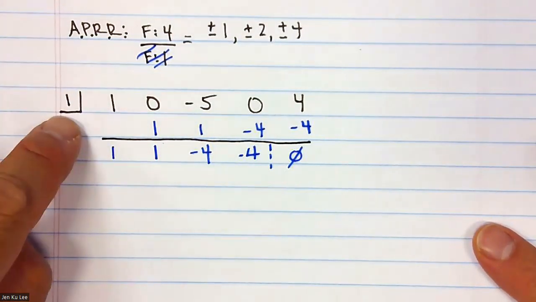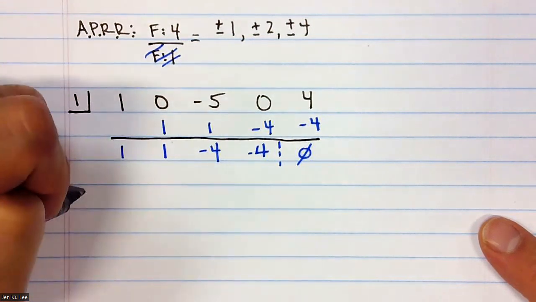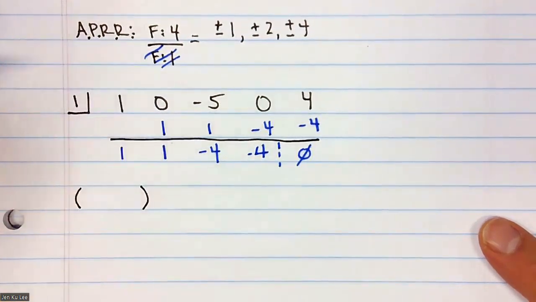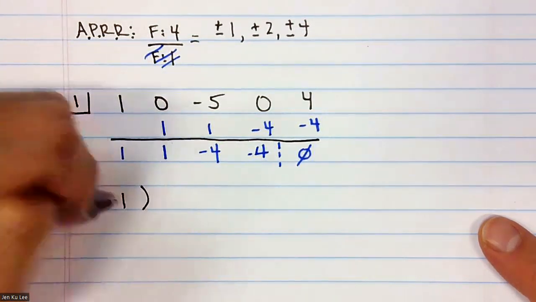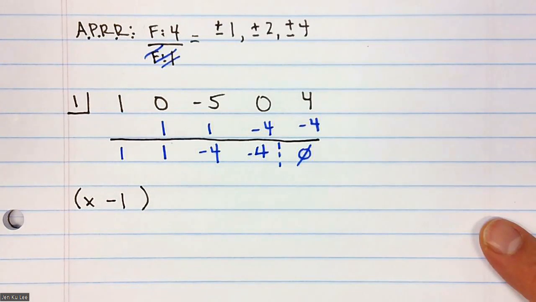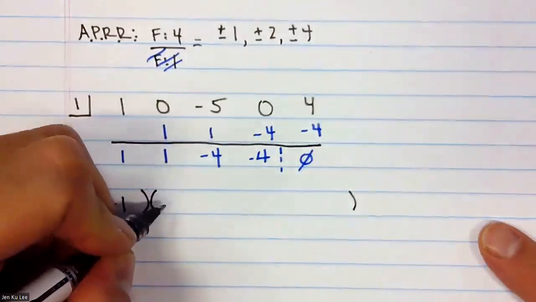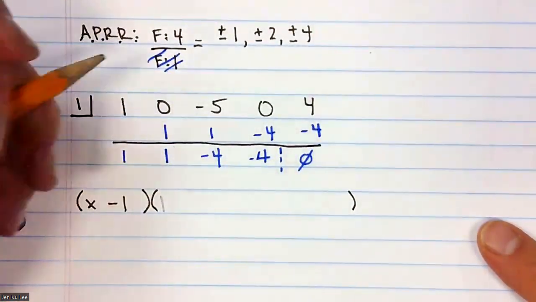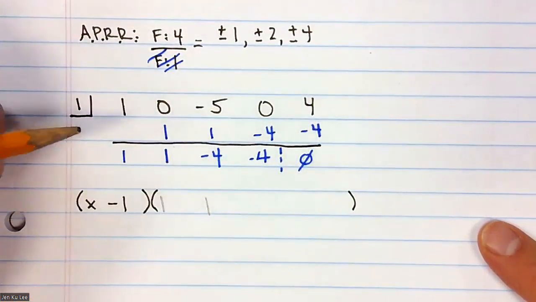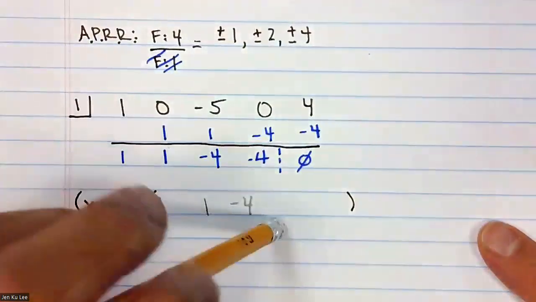Okay? So if 1 is a root, then what's my factor? X minus 1. And then I would have a 1, a 1, a negative 4, and a negative 4.